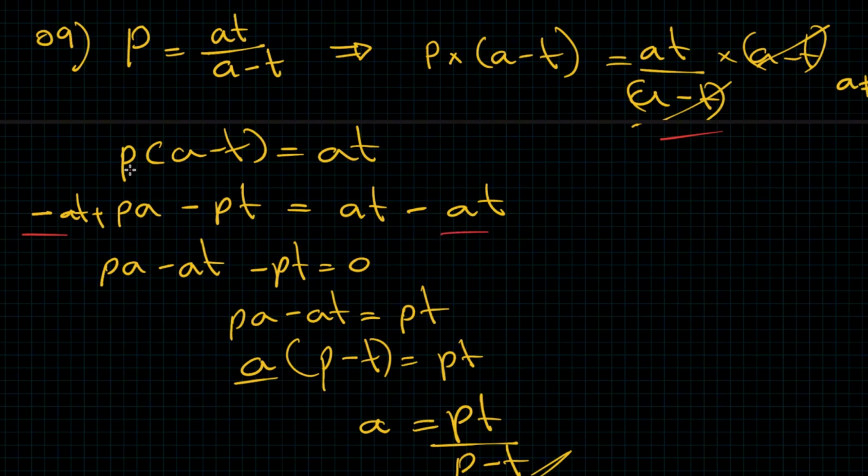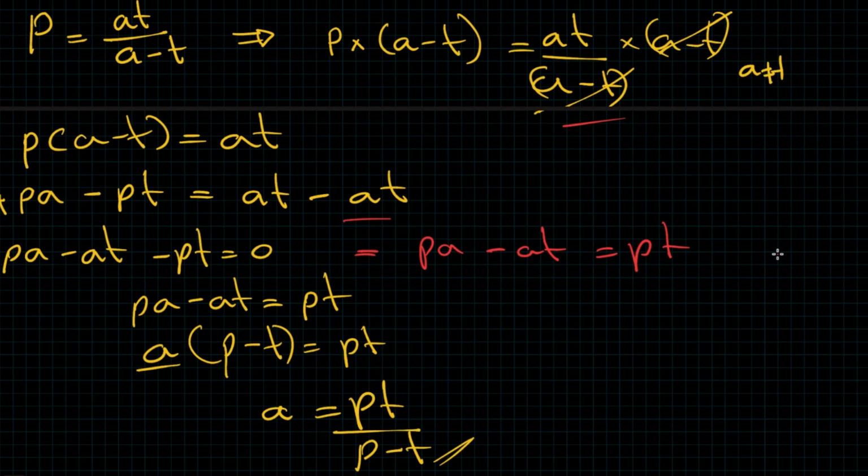You can just say PA minus PT, then bring minus AT here with PA minus T, and do it in the same step. After this one, you can directly write PA minus AT equals PT. You can do that if you can do the math correctly. If you cannot do the math right, then just write those steps, it will be easier.